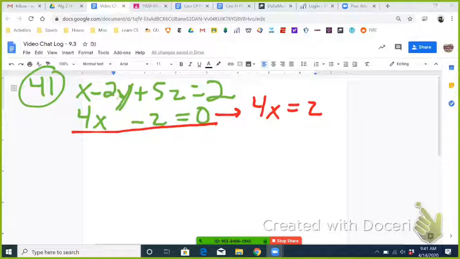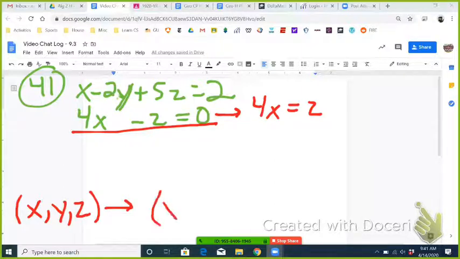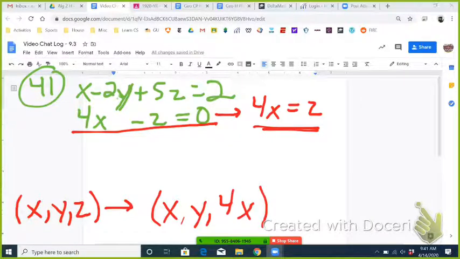If we were to write out our solutions, if that's x and that's y and that's z, we can leave x as x, we can leave y as y for now, but since z is equal to 4x, we could plug in 4x for z. So now we know whatever x is, z is going to be 4 times that.